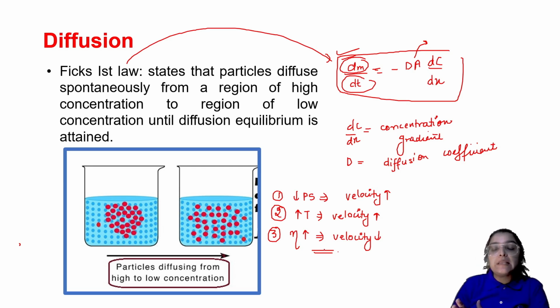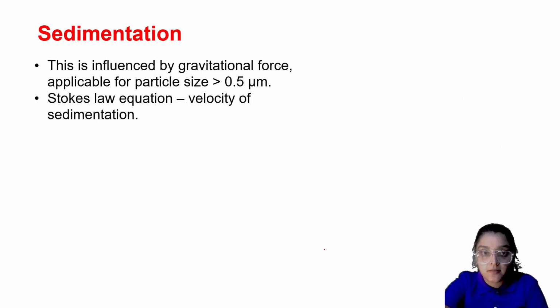So we have covered the Brownian motion, and we have covered diffusion. These come under the kinetic properties of the colloids. Next is sedimentation. We have discussed sedimentation in micromeritics also. You have already heard about it by now, and it is based on your Stokes law equation, which is as follows.